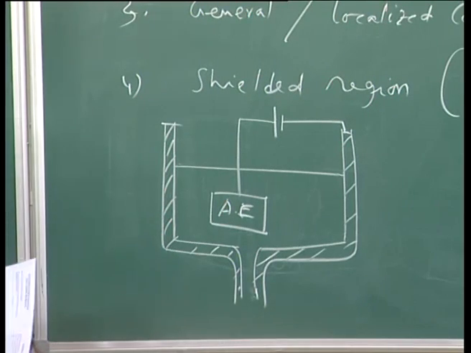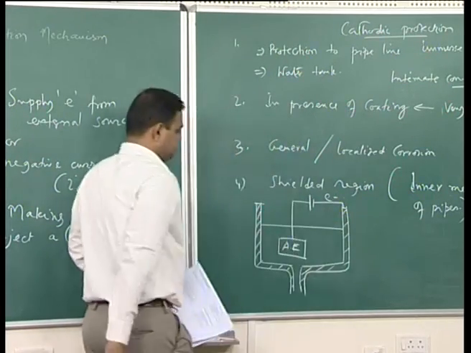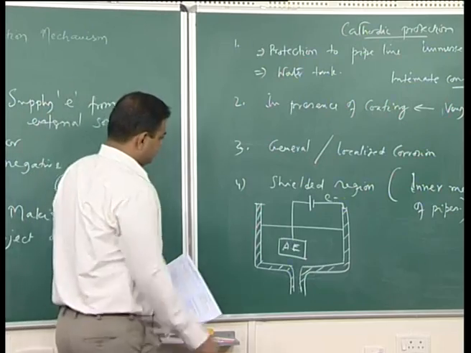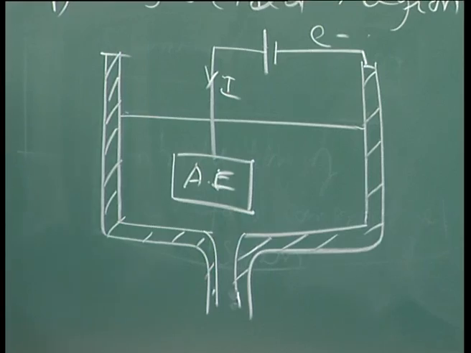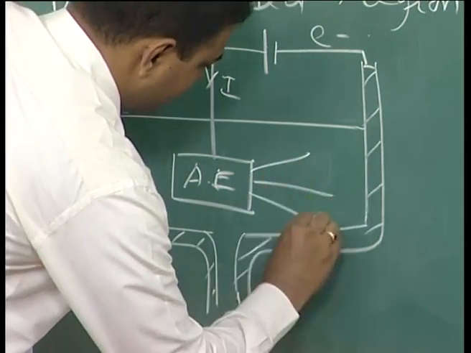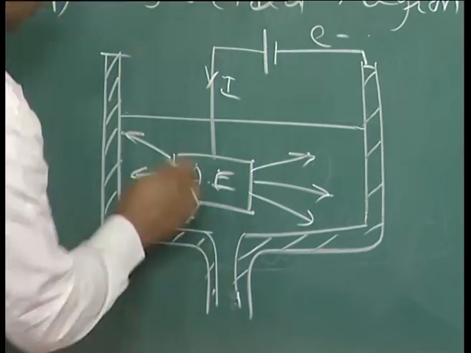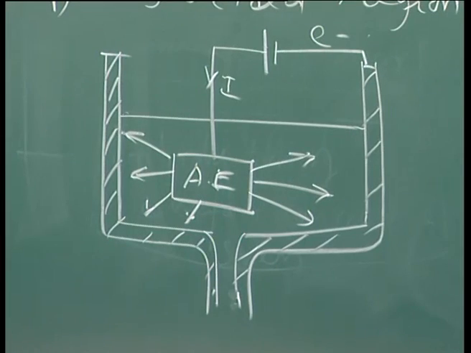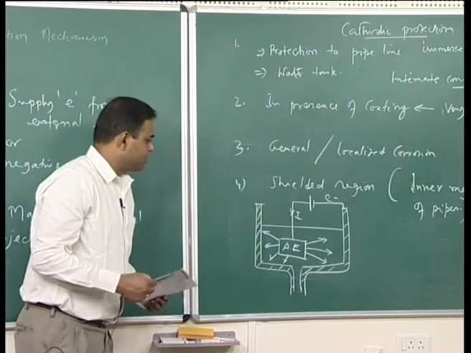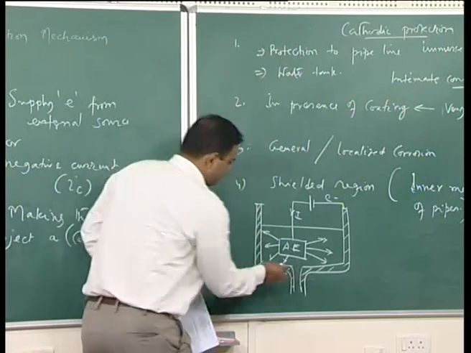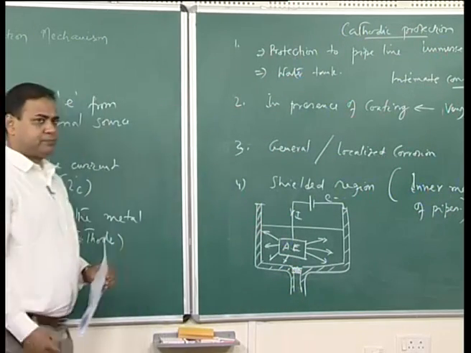So, negative current is going through this, electrons are going there, and the circuit is like this. The current is flowing like this, and that current is going in all directions to all the parts of this metallic object. But here we have a pipeline. In order to stop the water flowing out, we generally put a metallic stopper.